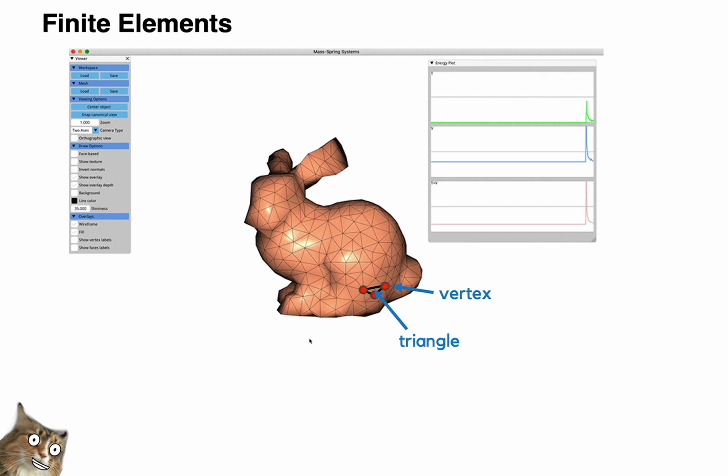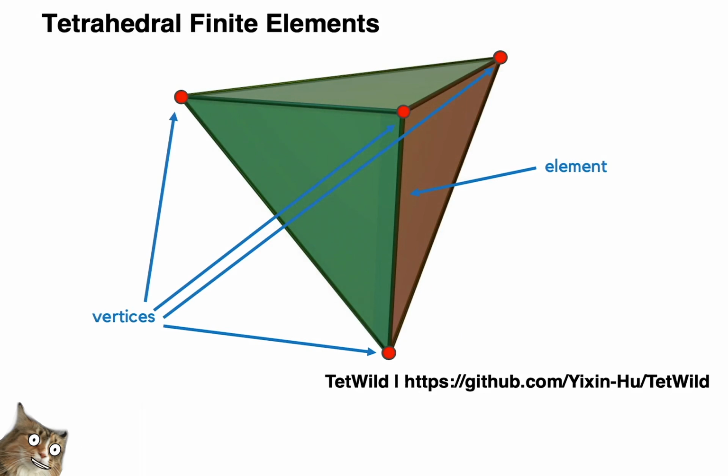We don't want to stray too far from what we are comfortable with, so we are going to use the volumetric cousin of a triangle, the tetrahedron. Filling our bunny triangle mesh with tetrahedra may seem like a hard problem, but luckily, there are now reliable programs that will do this for us. My favorite one, TetWild, is available at the link shown here.